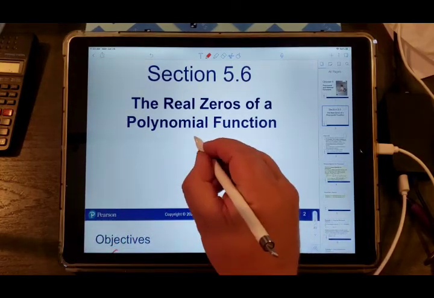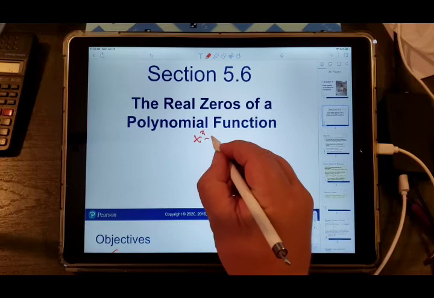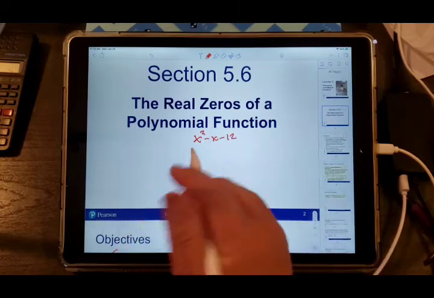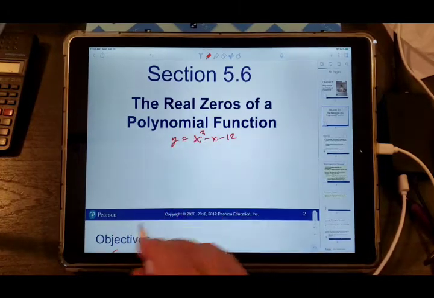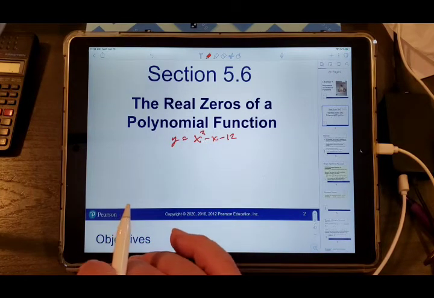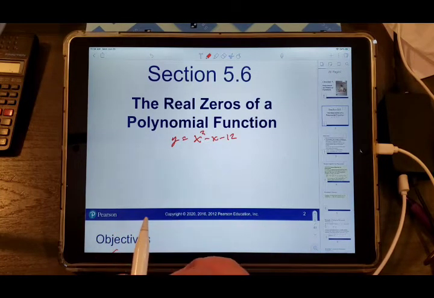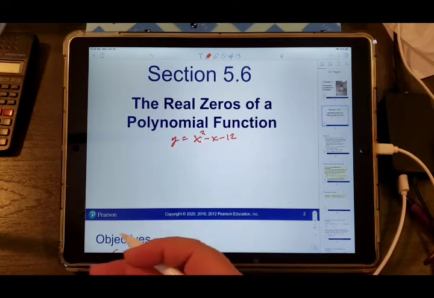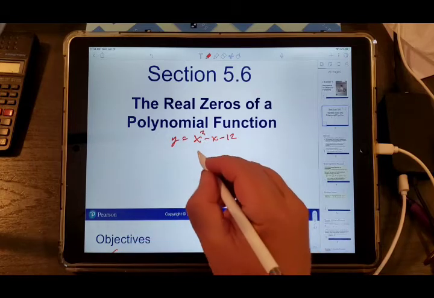You've done this before. If I said x squared minus x minus 12, and wrote it as a function, and I said find the zeros, you know what to do. You've done it 100 times in your first algebra class, and you've done it here. You factor.